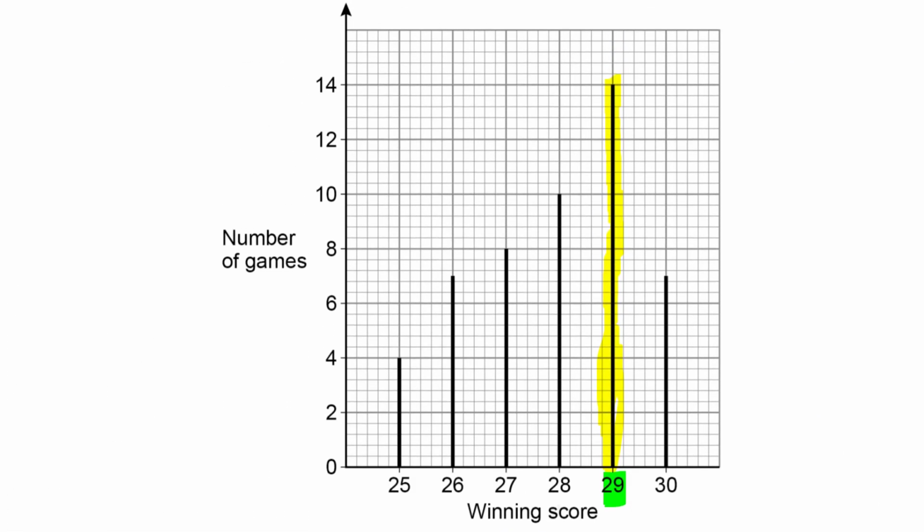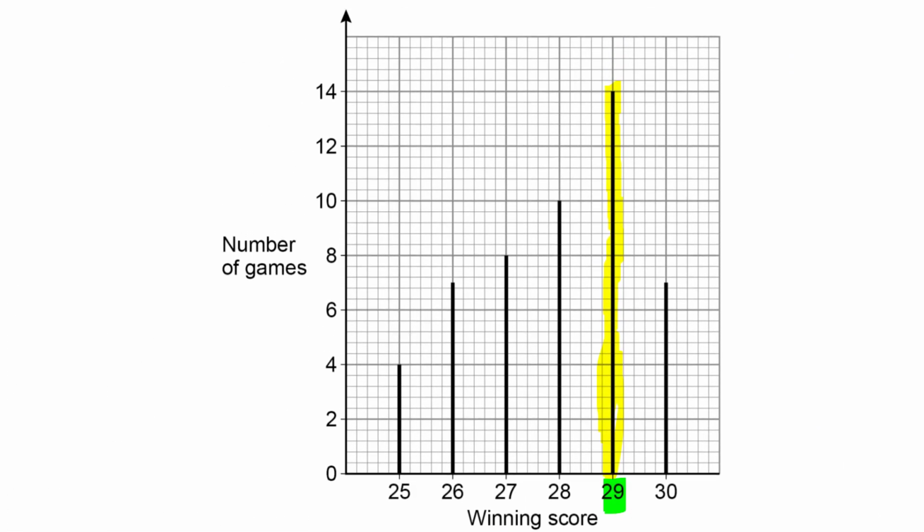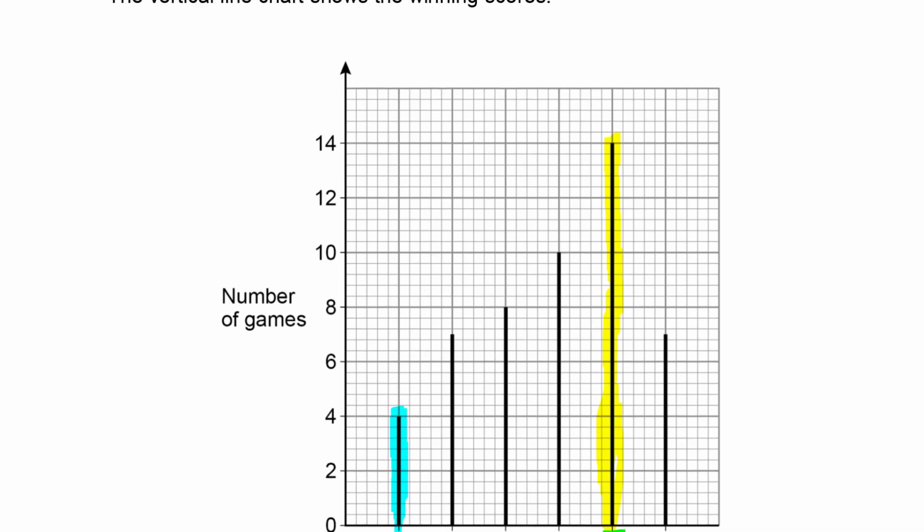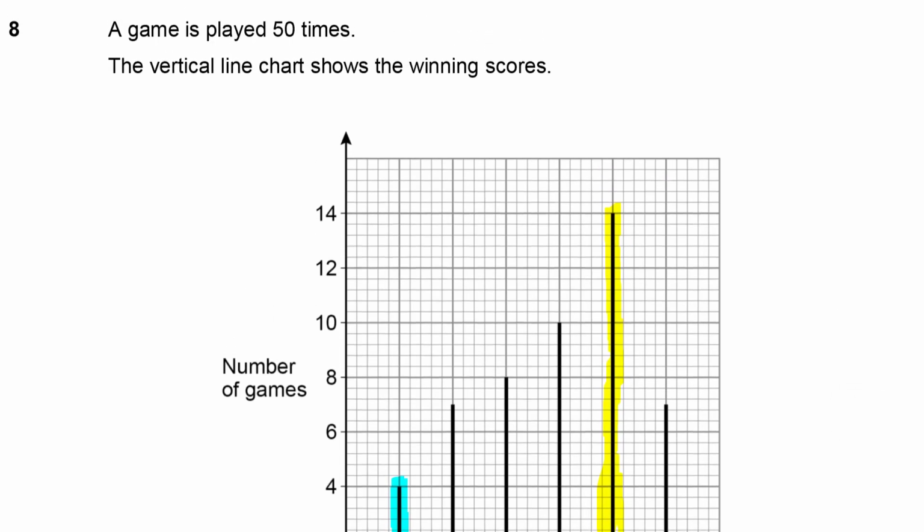If we look at our graph here, we can see that the number of times that 25 won was 4 times. And we know that the game was played 50 times altogether.